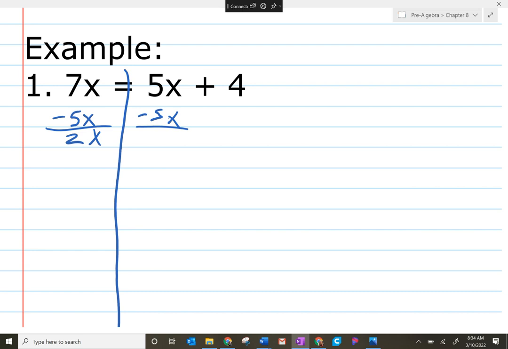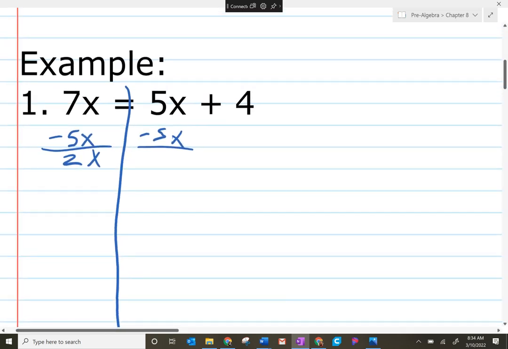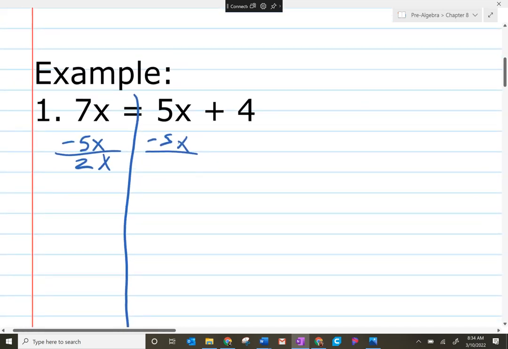So I've got 7x taking away 5x. My answer, and I'll still zoom in so you can see as I write it on the lines, I get 2x because 7 minus 5 is going to be 2. That 5x and the negative 5x, just like before, that one cancels out. And I'm left with 4. So 4 is the only number that's over here.